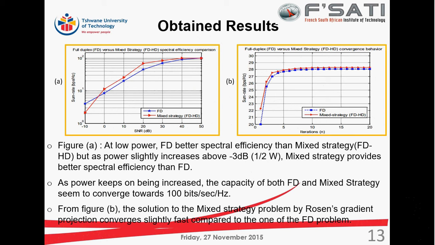Looking at figure B, the solution to the mixed strategy problem by Rosen's gradient projection converges slightly faster compared to that of the full duplex problem.